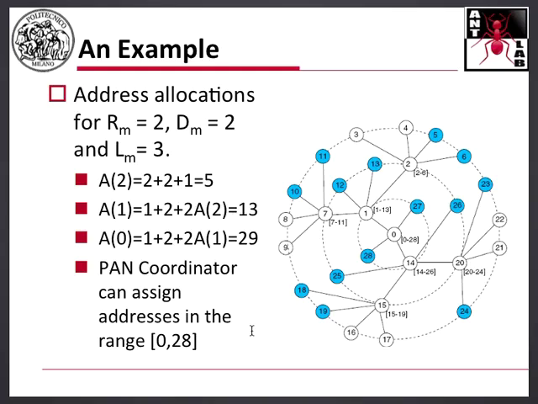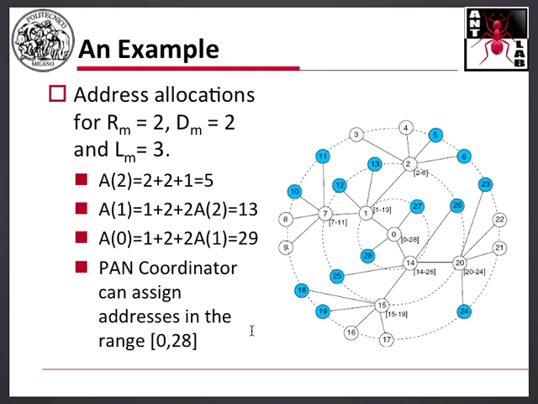commented in the previous slide to this very case. Let's start from the lower layers. So for example, let's start from A2. 2 here is the second last layer, or 3, because the tree has 3 layers maximum.